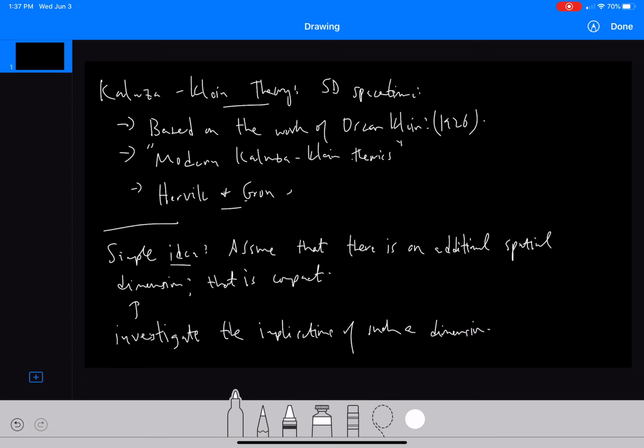Our starting point is to consider a 5D metric tensor. So that's what I'll do here. A 5D metric looks like this: the standard ds squared equals capital G_AB dx^A dx^B.